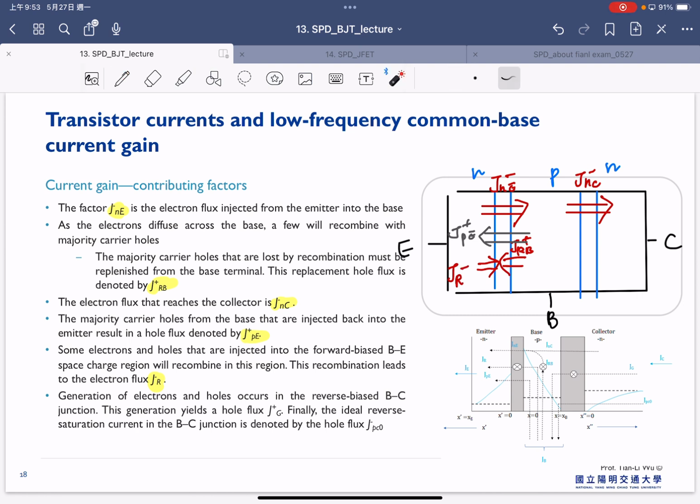And also, we will have the generation of electrons and holes that can occur in the reverse biased BC junction. This generation yields a hole flux called JG plus, here.